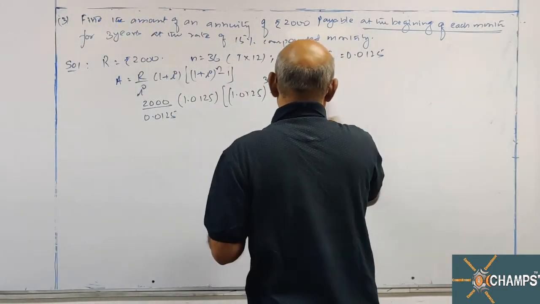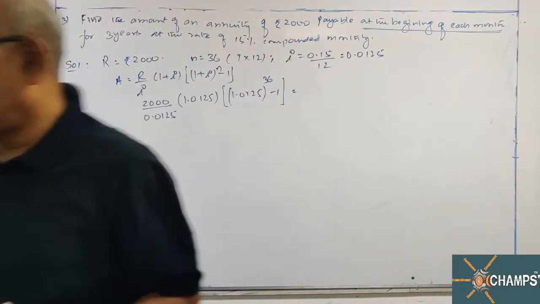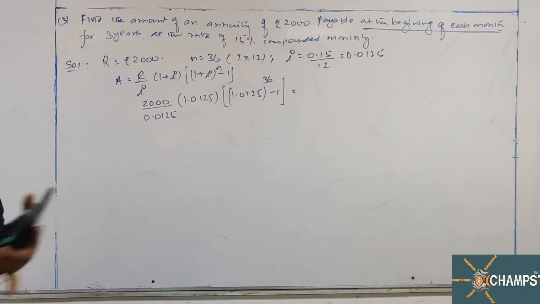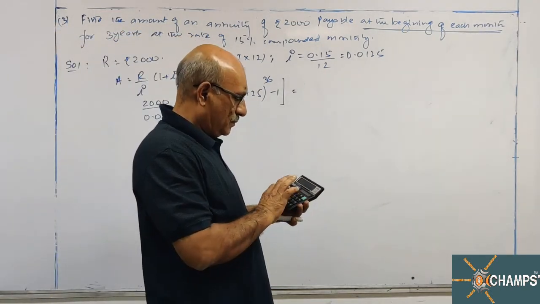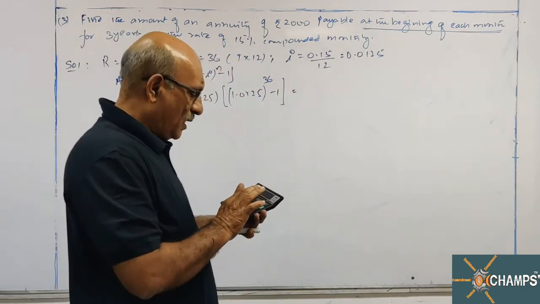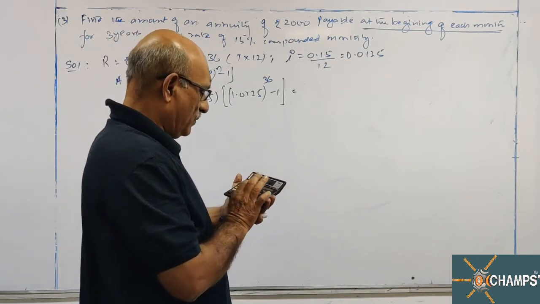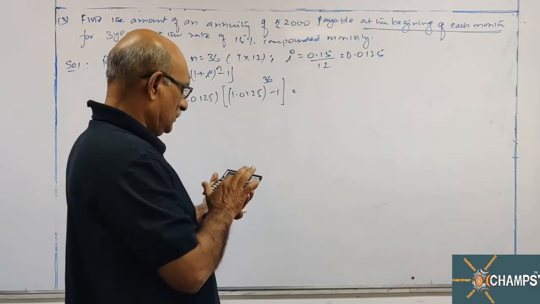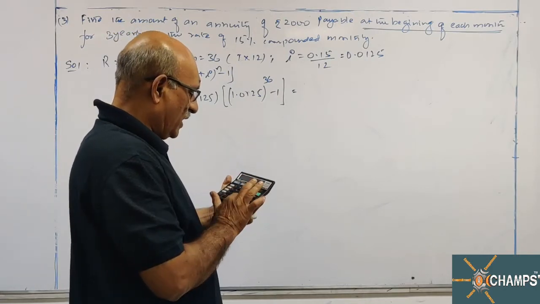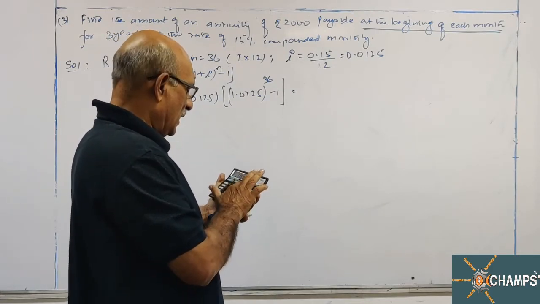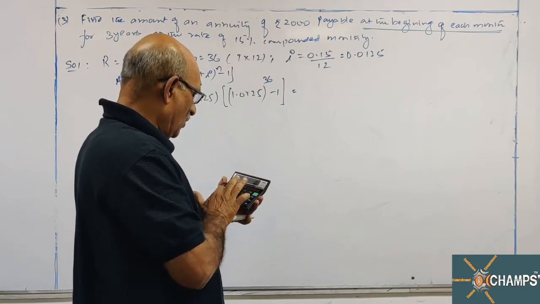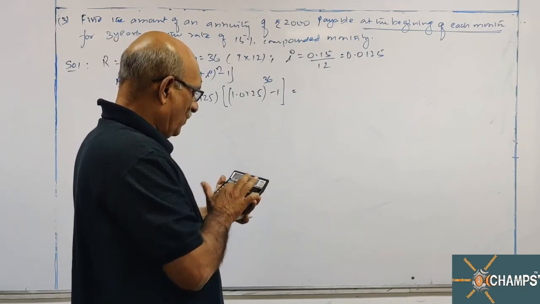I'll do it once again. Minus 1, into 1.0125, multiplied with 2000, divided by 0.0125.